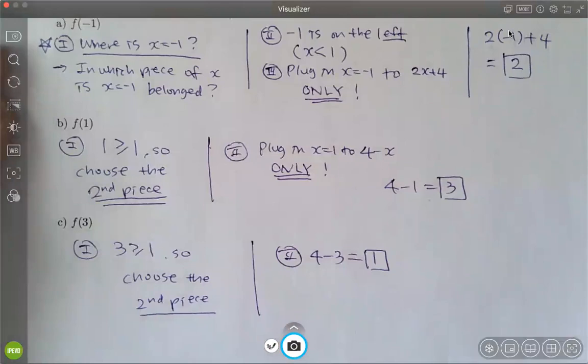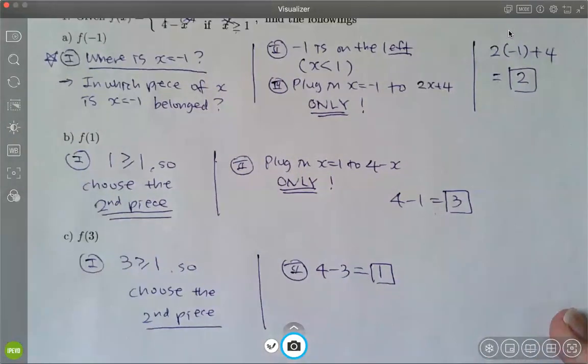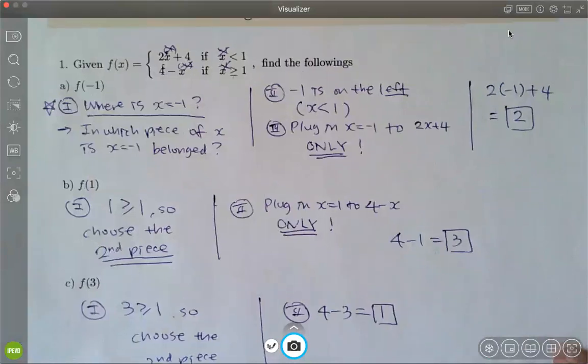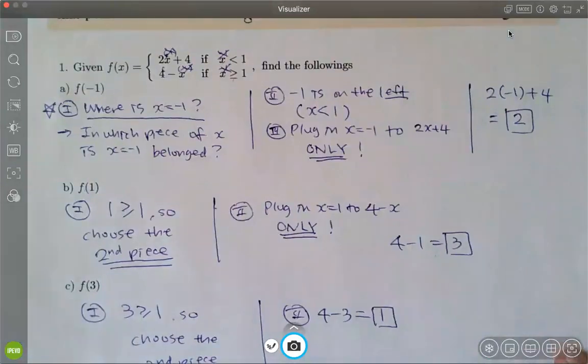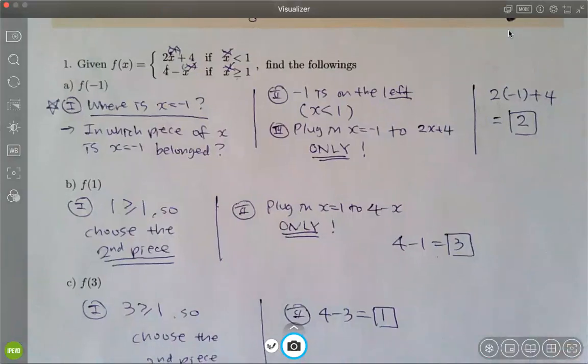So remember, for the piecewise function, you should not plug the value into two representations, two formulas. That's not how a piecewise function works. First you have to choose where your input value is, and then you plug that number into that corresponding formula only. Okay, now any questions over these finding function values?